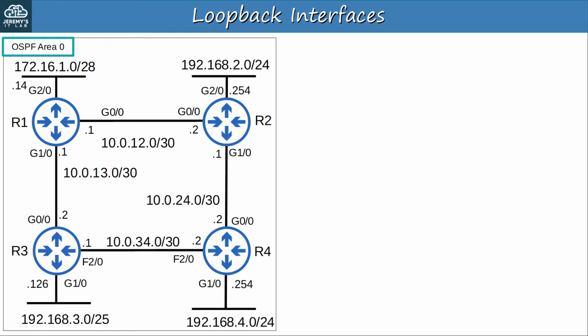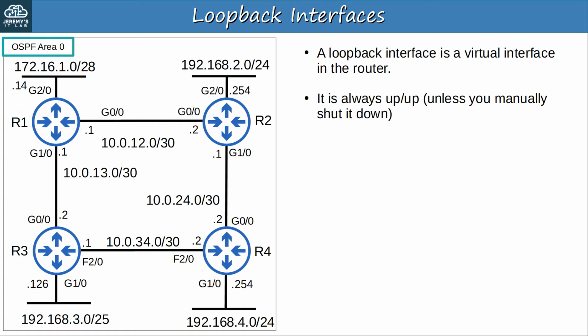Before we get into those topics, I want to take a minute to explain loopback interfaces a little bit. In previous videos, I've mentioned them, and you've already practiced configuring them in the past few lab videos, but let me explain them a little more. A loopback interface is a virtual interface in the router. You already know that. It is always up, unless you manually shut it down.